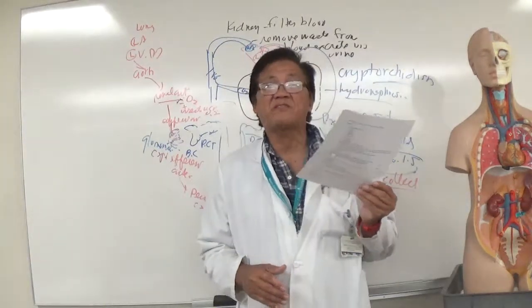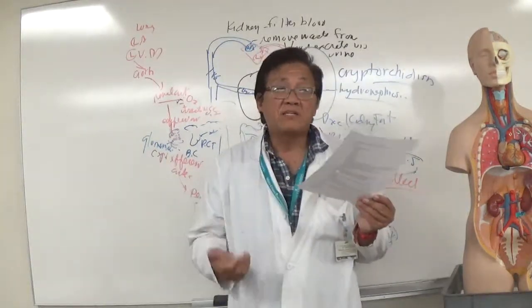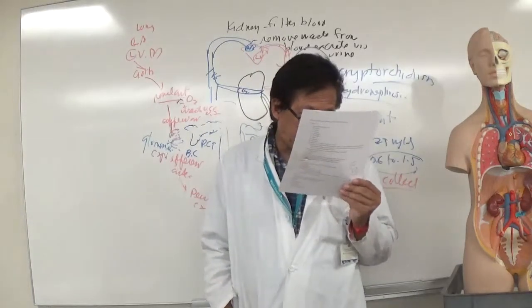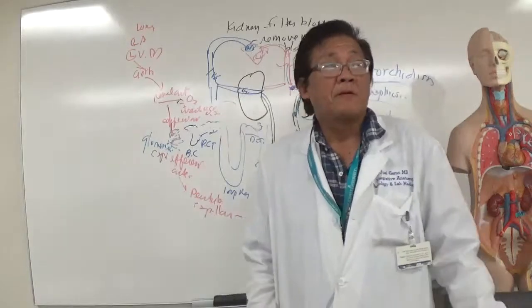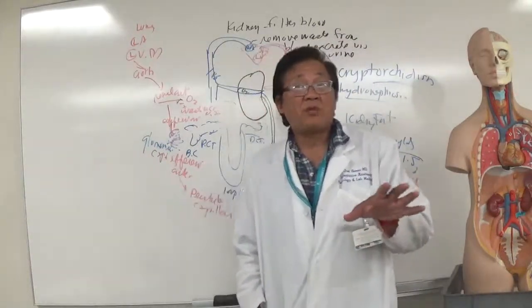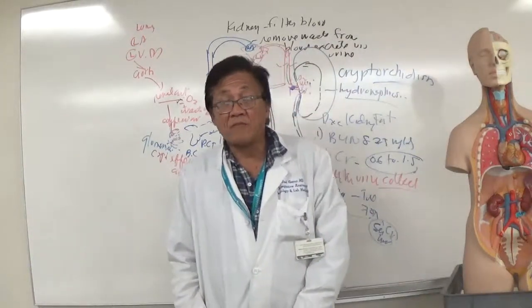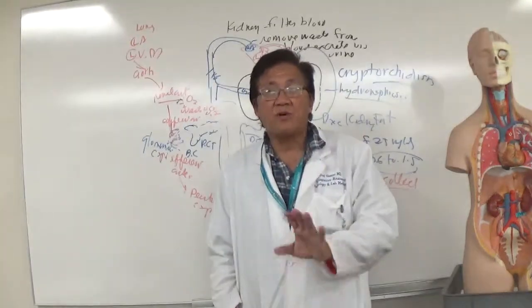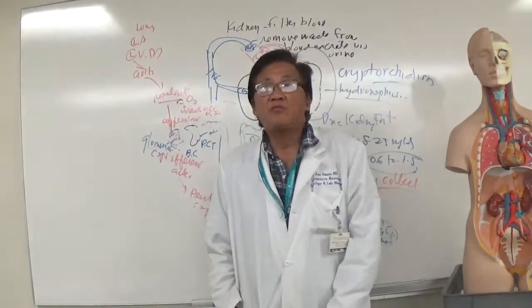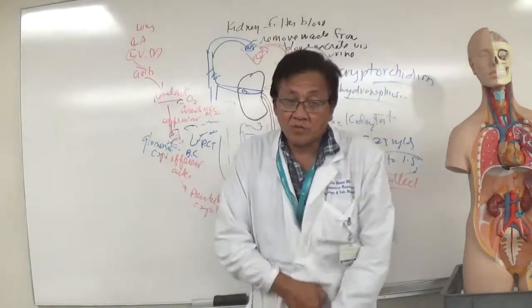What is hyperemesis gravidarum? Excessive vomiting among pregnant women. What about uterine prolapse? Sinking of the uterus. If you remember the anatomy of the pelvic floor muscles, pubococcygeus, coccygeus, and all those muscles, they're supposed to support the uterus.